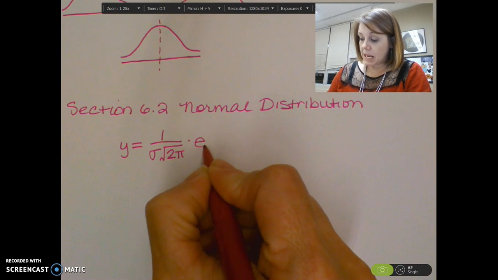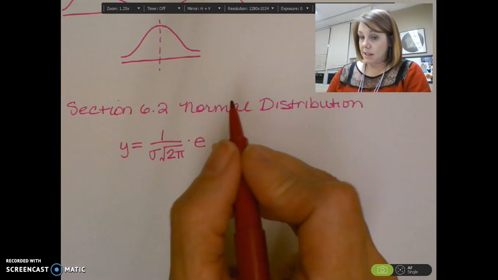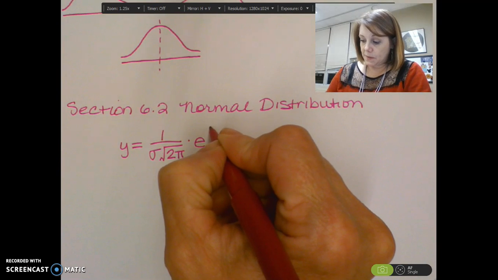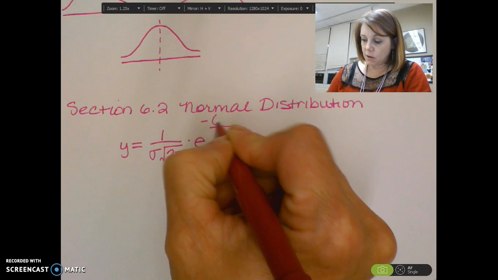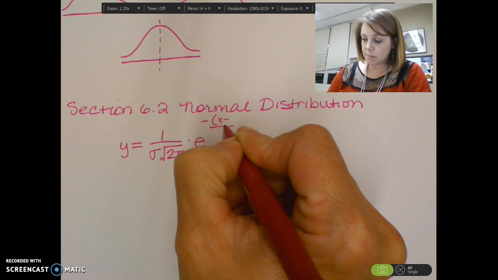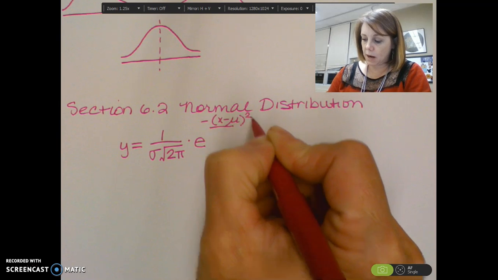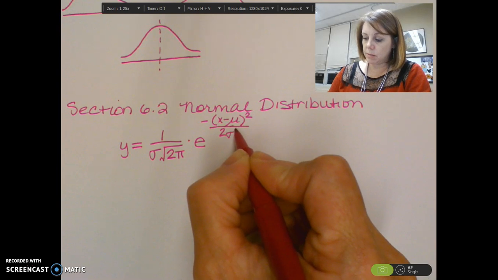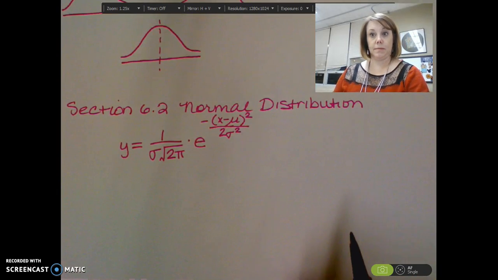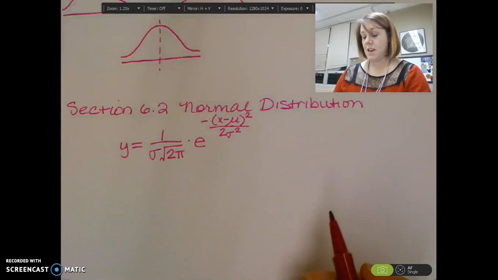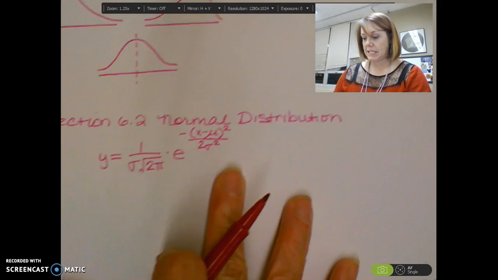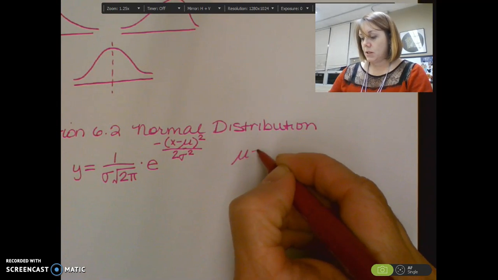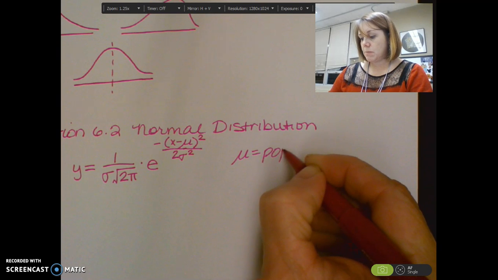That gets multiplied by e to the, and this is kind of a funny looking exponent, it's a fraction, negative quantity x minus mu squared over 2 sigma squared. Big, right? All right, so in terms of what that means, mu, as you may or may not recall, is your population mean.